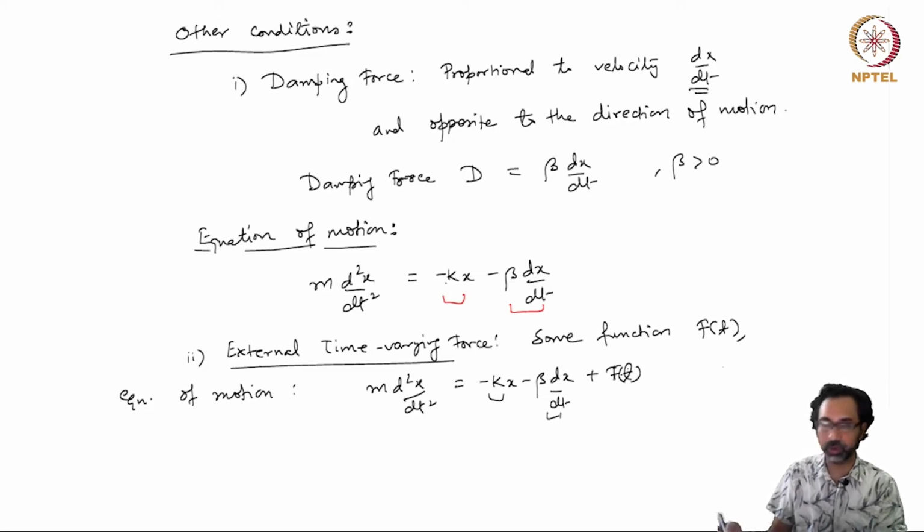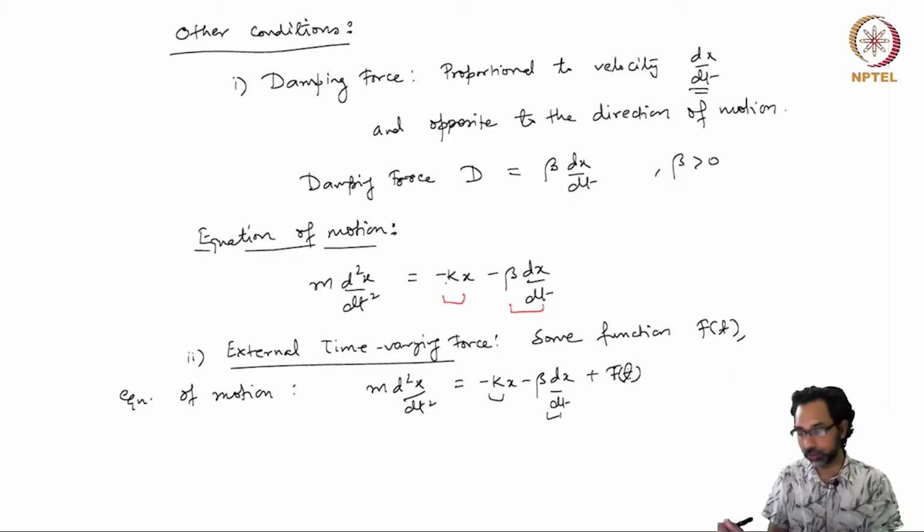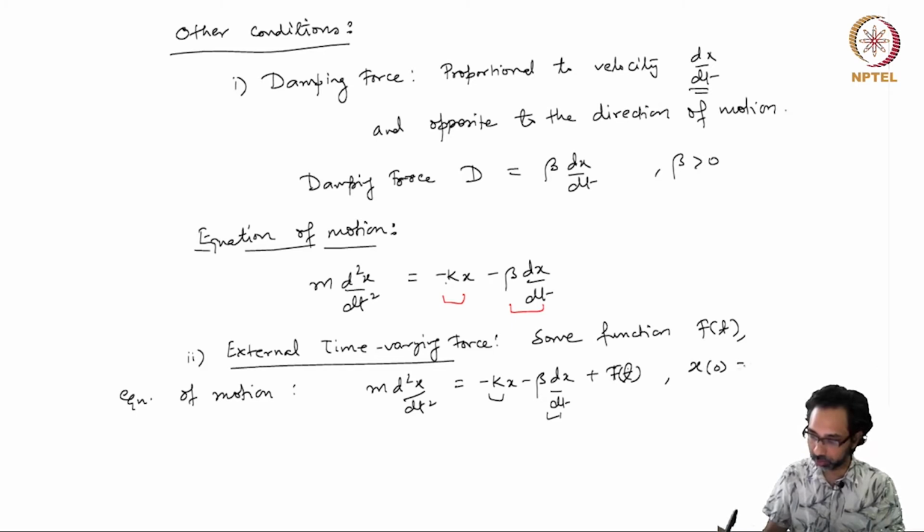So f can be positive or negative depending on t, and the direction of force can change with time. Here you can take the initial conditions x(0) as x0 and x prime (0) as v0.